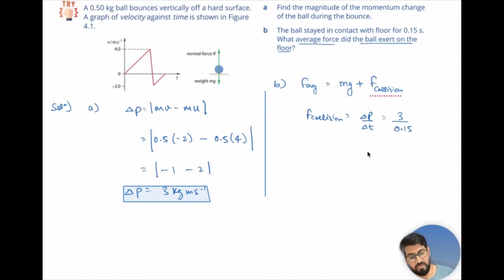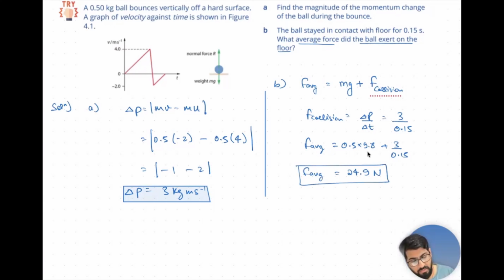So this you will get 20 Newton, and mg is 0.5 into 9.8. So F average will be this plus 3 divided by 0.15. Once you solve this, you will get something around 24.9 Newton. That is your average force, or you simply say 25 Newton.